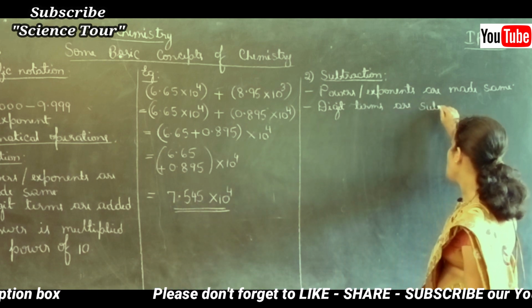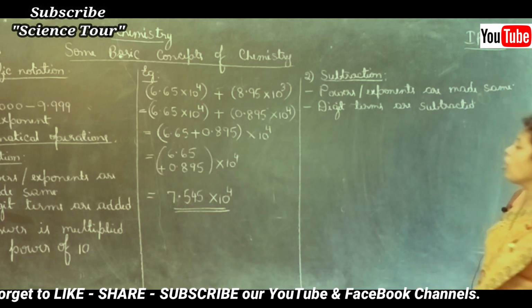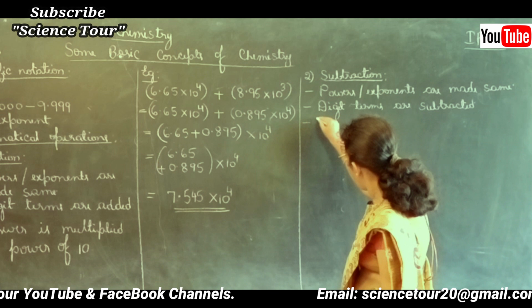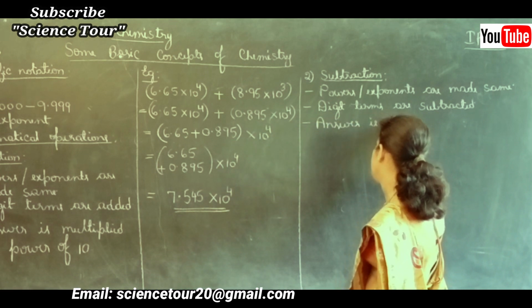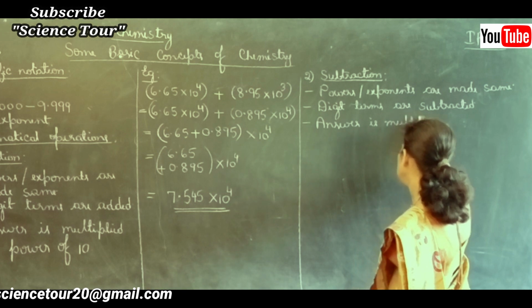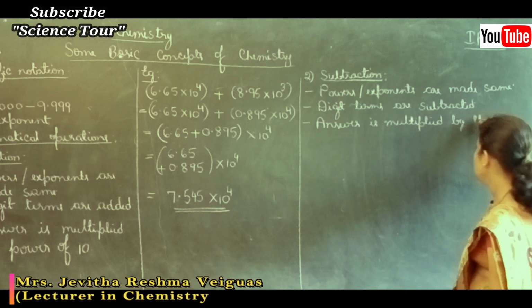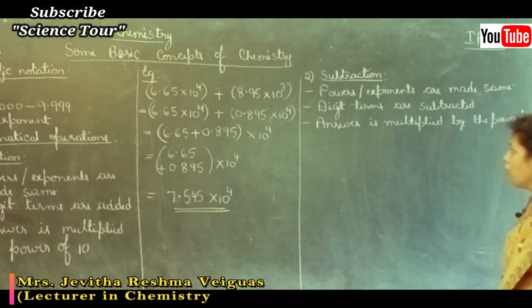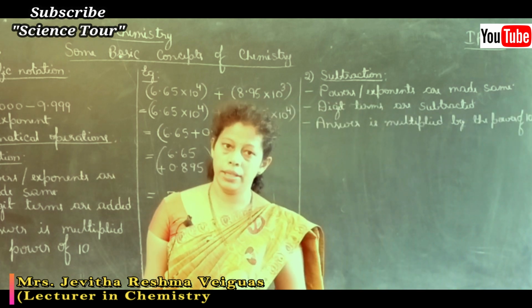From the larger digit term, subtract the smaller digit term. Then the answer obtained is multiplied by the common power of 10.